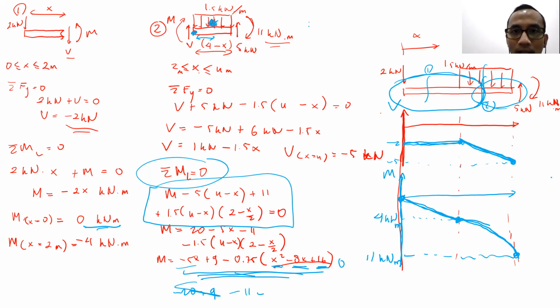If we want to draw the left side of the cut, the drawing is supposed to be like this. The free body diagram is supposed to be like this.